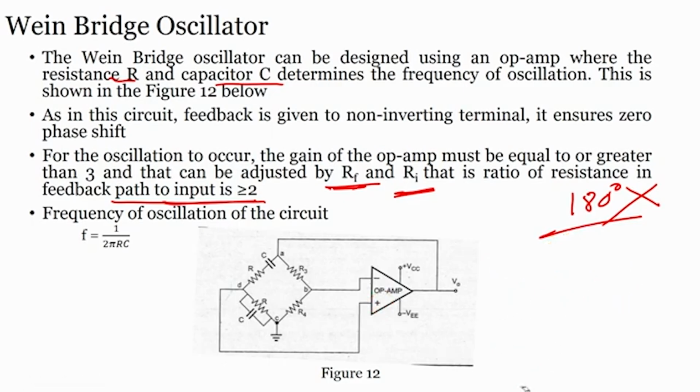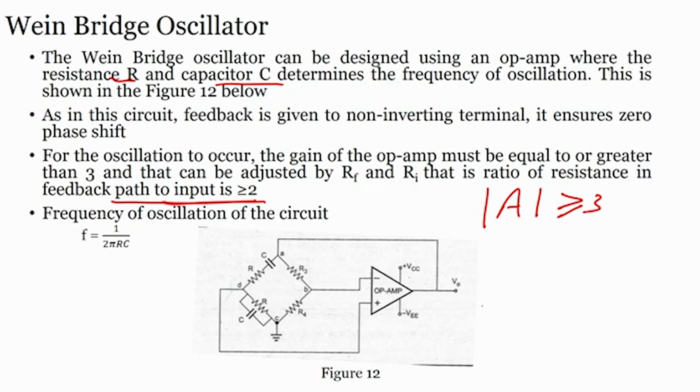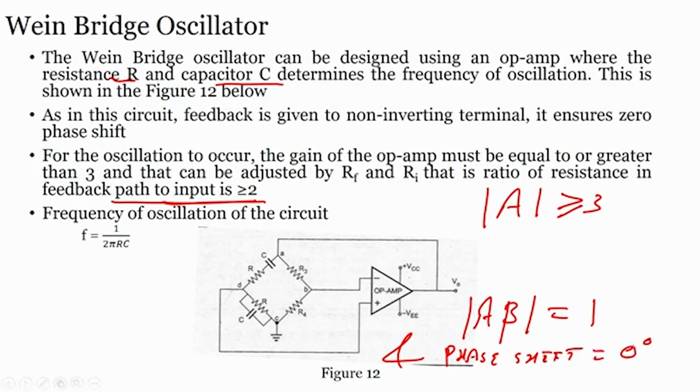Because if I have a gain equal to 3, or greater than or equal to 3, my Barkhausen criteria says A into beta should be 1, and phase shift should be 0. So, if my A is greater than or equal to 3, my beta should be greater than or equal to 1 by 3, right.